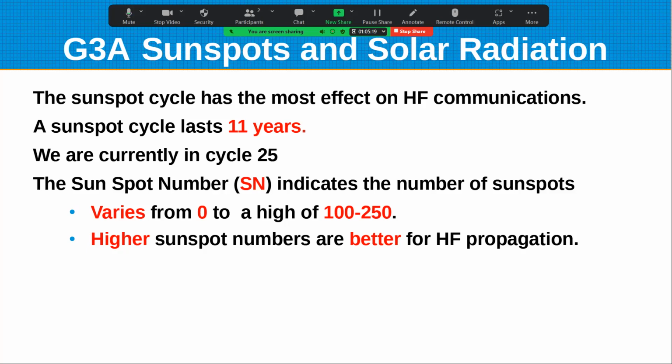Higher sunspots are better for propagation because you're getting more radiation, more ionization. It's also worse for D layer absorption during the day because more of the radiation manages to kind of trickle down to the D layer and ionize it.